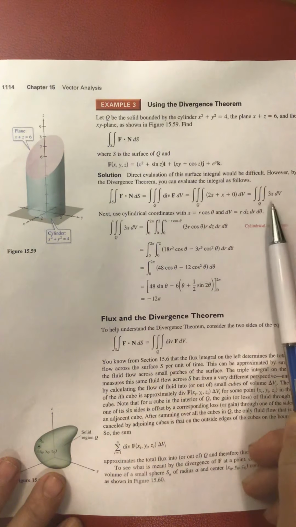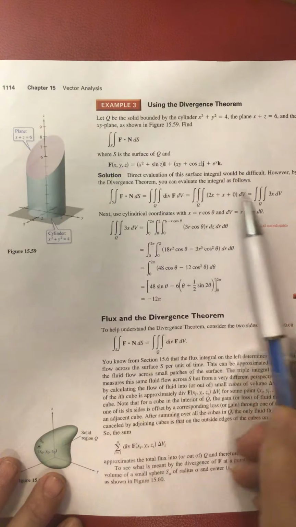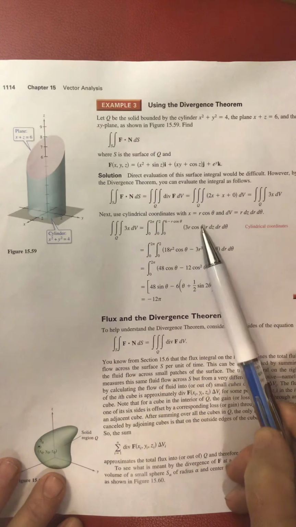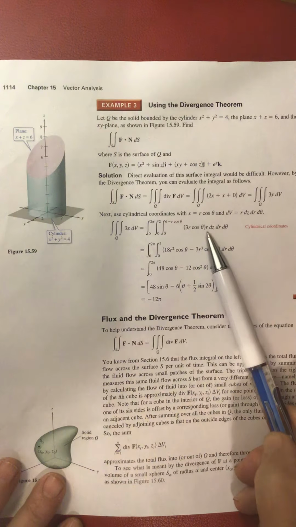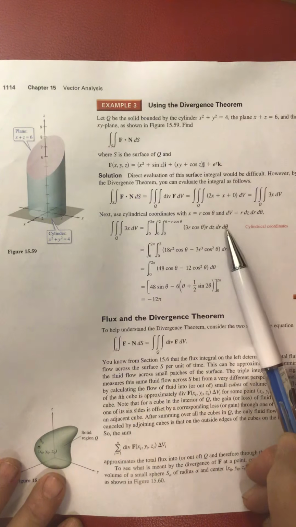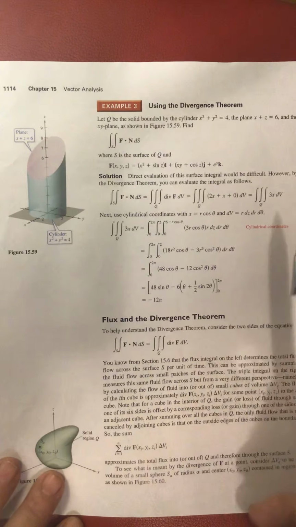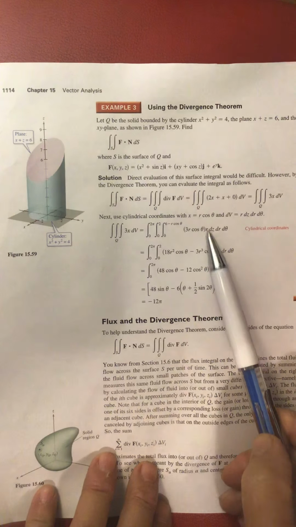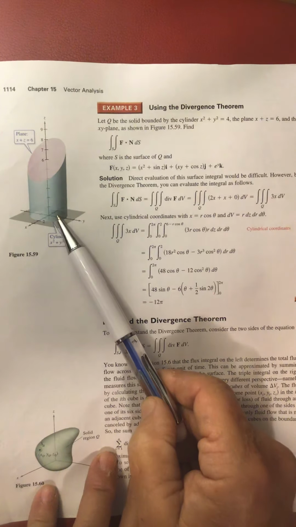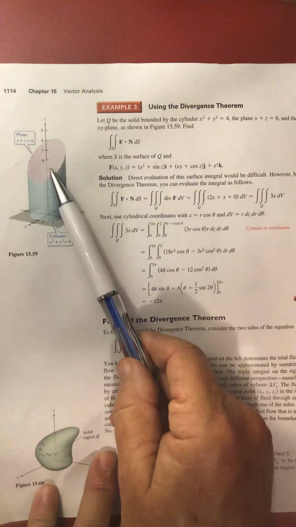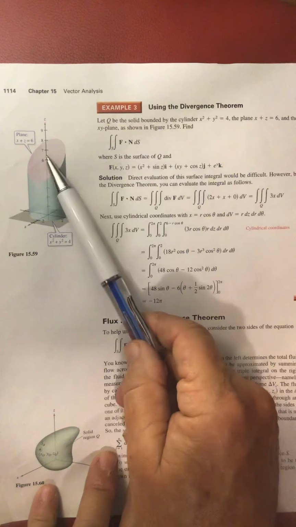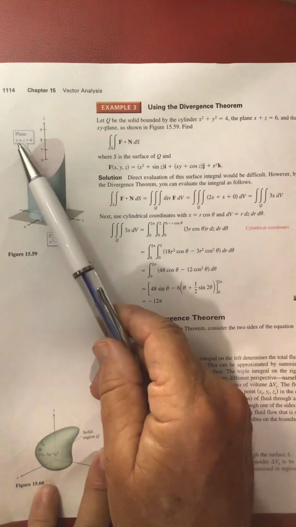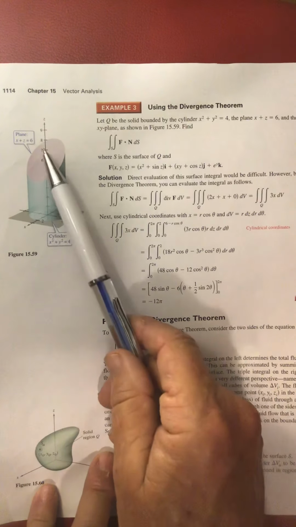And because of the circles down here, x is r cosine theta, dV is r dz dr d theta, putting it into cylindrical coordinate systems. So z is going from 0 up to the top piece here, which is x plus z equals 6.